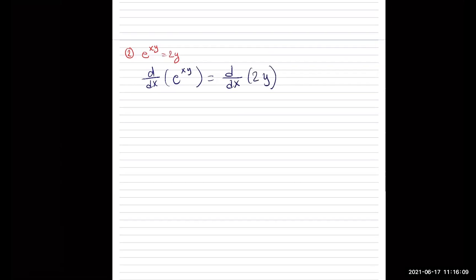Okay, so on the left-hand side, I have e to some power. So we know when we take the derivative of e to some power, it's always itself times the derivative of the exponent. So we're using the chain rule there.